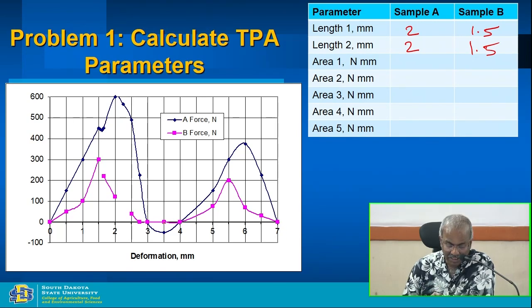Okay, area 2 for sample B is 0. Area 3 for sample A is half of this, 50, 25. Okay, I'm writing it in a different place here.